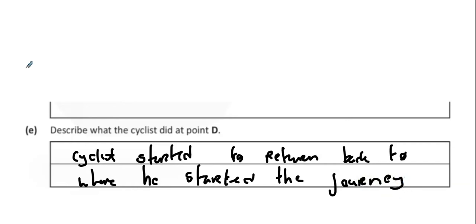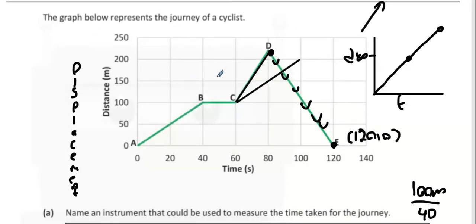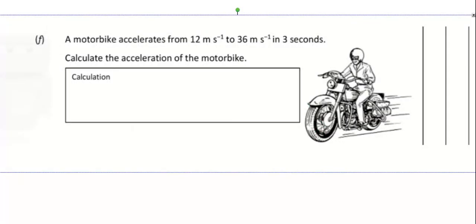Because you can see that D is the only place the graph goes downwards, okay? So that means he's returning home. When you're on your way up in a displacement graph, you're going away from where you started from, and when you go downwards, you're returning back to where you started from.